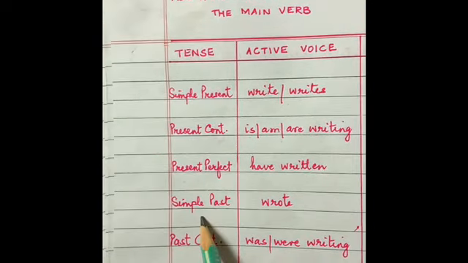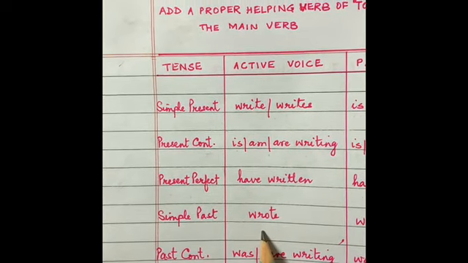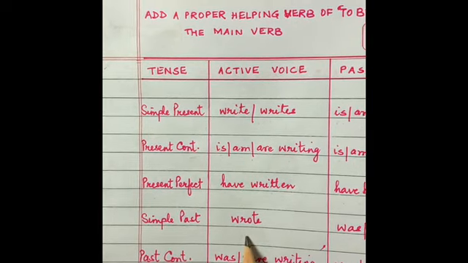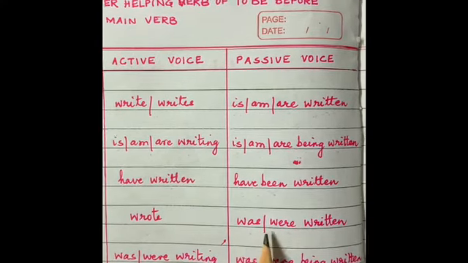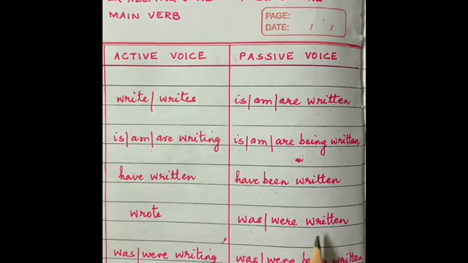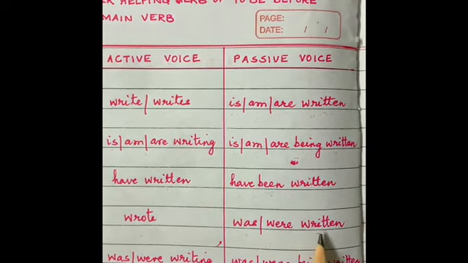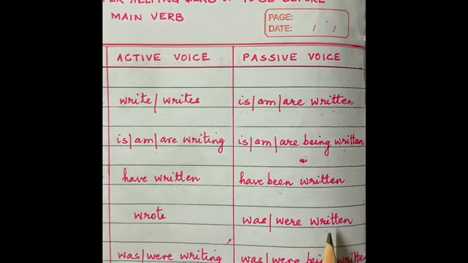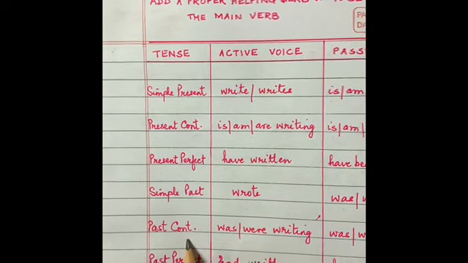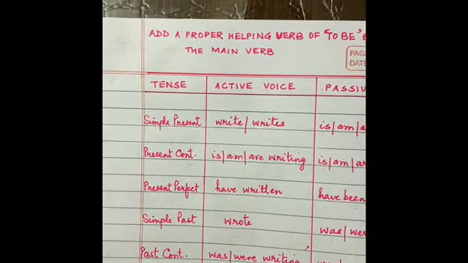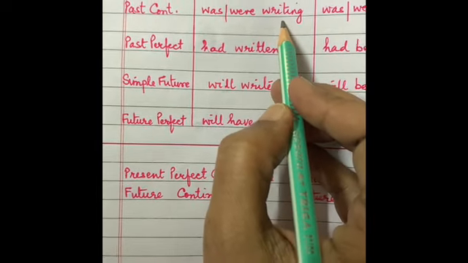Now in simple past, in active voice we use wrote, which is the verb's past form. While in passive voice we add was or were with the third form of the verb, that is written. The next is past continuous tense. In active voice we use was or were and then writing.